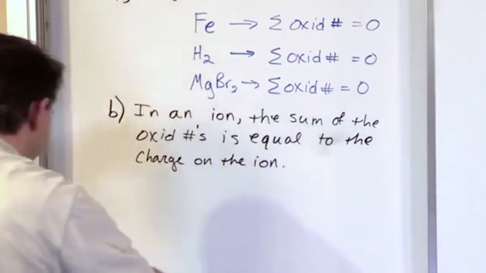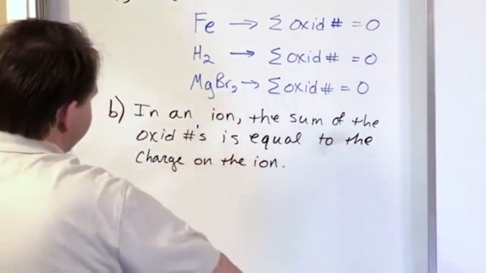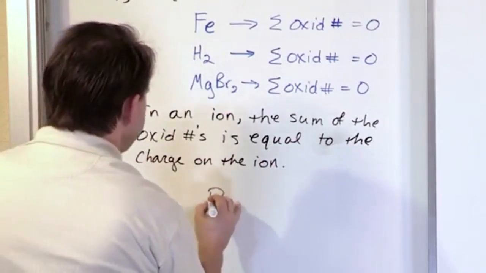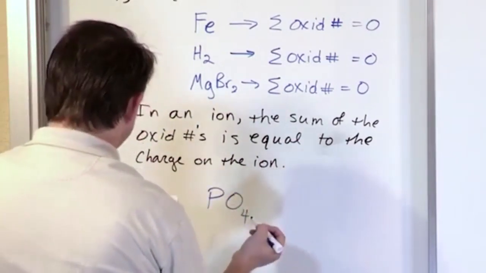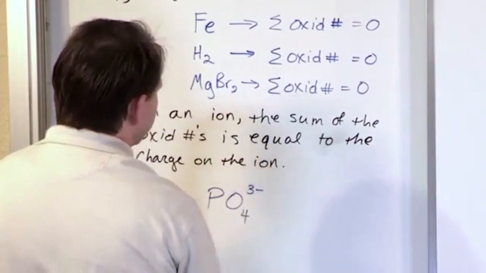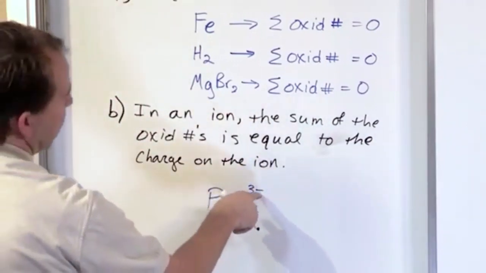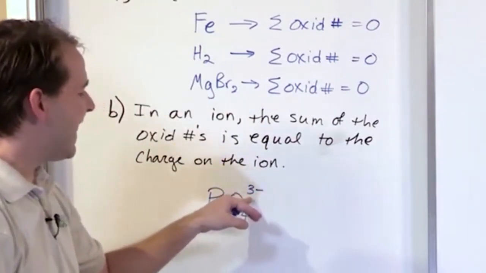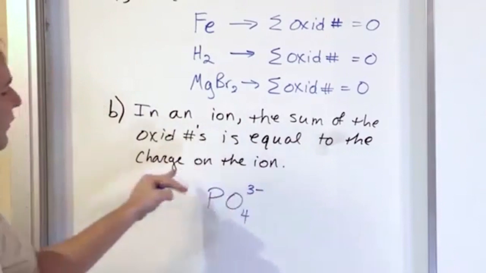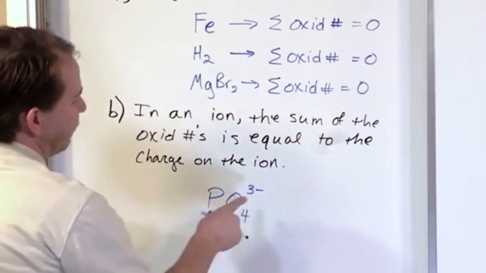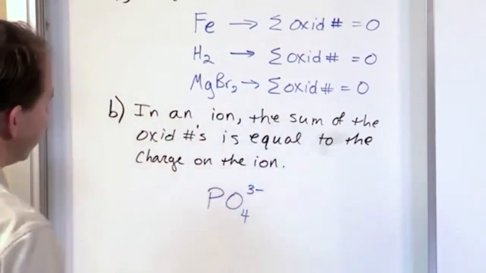The best way to illustrate this is by example. It makes a lot of sense whenever you look at it. Let's say I have the ion PO4, and this ion has a charge of 3-. Notice that when I write 3 negative like this, the sign is written after the number, so that means this is the charge on this whole ion, right? So this whole ion has a charge of -3 when you sum it all together.